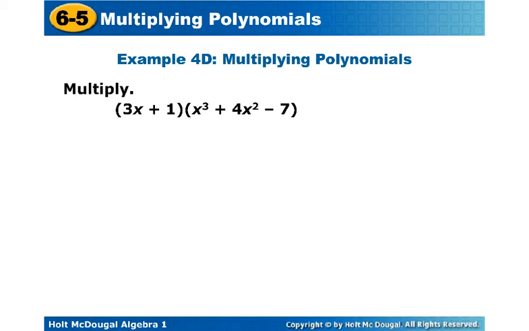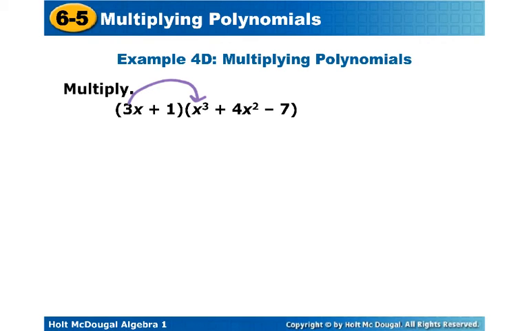So you have 3x plus 1 times x cubed plus 4x squared minus 7. So, this one isn't too different. The only thing different is that these terms now have higher exponents. So you guys can pick and choose whatever method you want to use. I'll do the method I typically use, just so you guys can see how it's done.